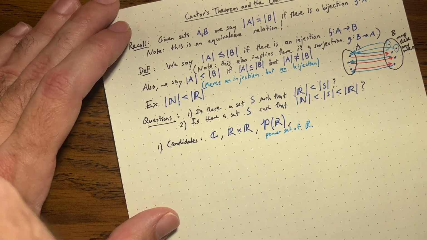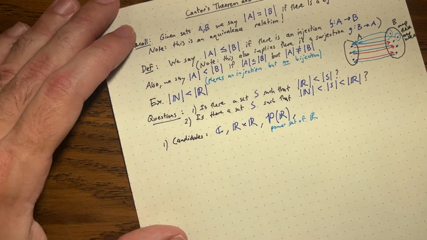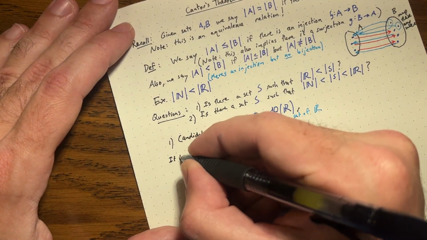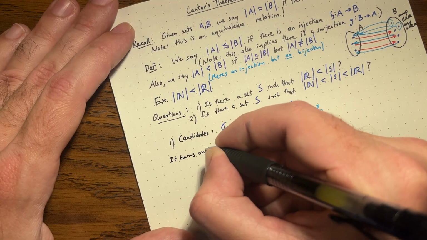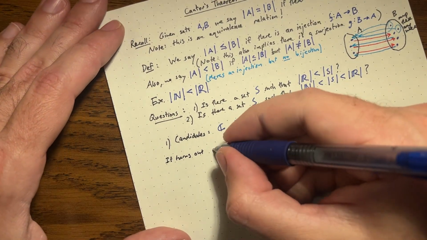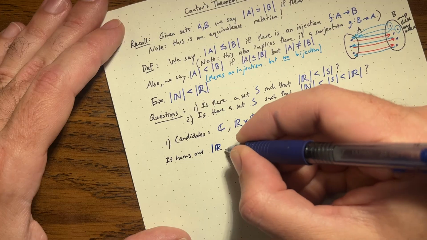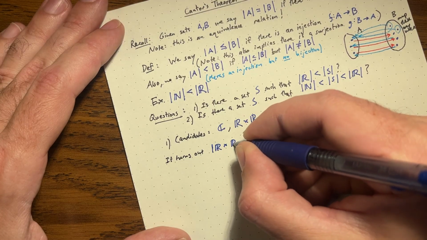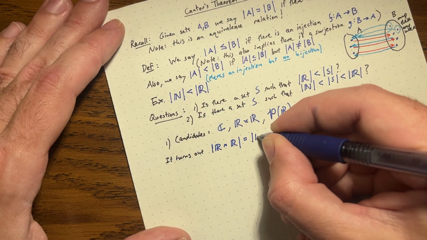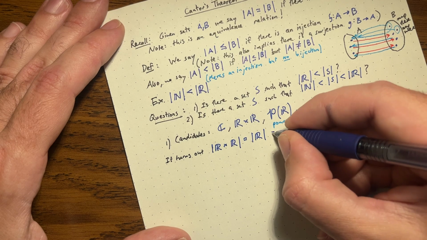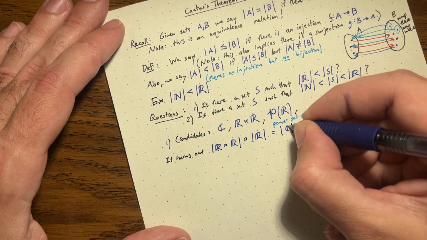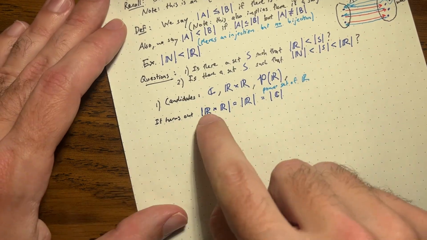I won't do this in detail, but it turns out that the cardinality of R cross R is the same as the cardinality of R. And so is the cardinality of C. So complex numbers have the same cardinality as R. Why is this true?